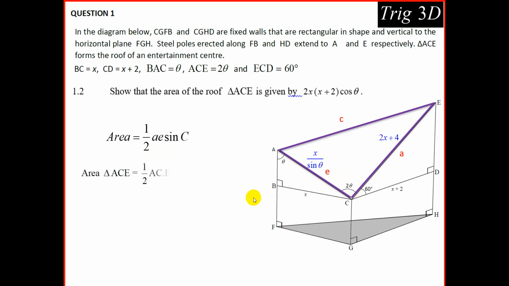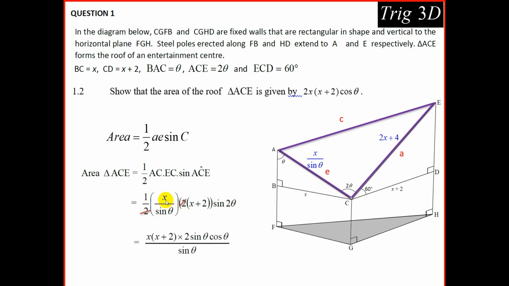In this case, it's going to be half times x over sine theta times 2x plus 4. I'm going to factorize 2x plus 4, common factor 2, into 2 times x plus 2, so that we can cancel this 2 with that 2. Times sine, and the angle given here is 2 theta. So we're using the area rule. Now we can cancel the 2's. You'll also notice that sine 2 theta is a double angle, so we can use the double angle formula.